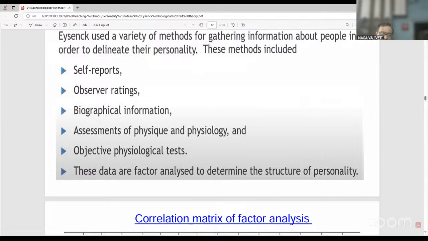Biographical data is again idiographic. He got biological information, experience-based and physical assessment, which is objective. Objective study is called T data, and objective physiological tests are T data. These data are used for the analysis.